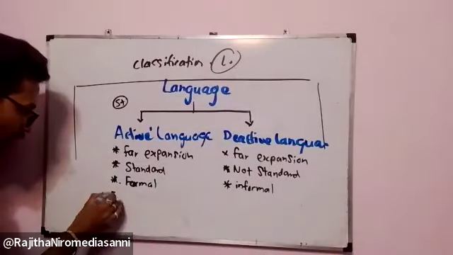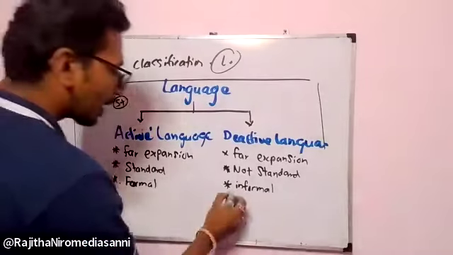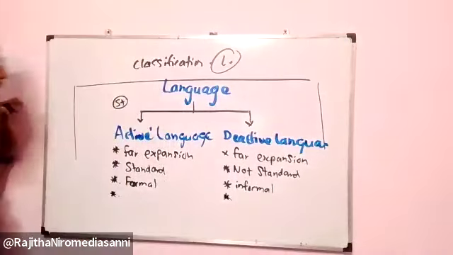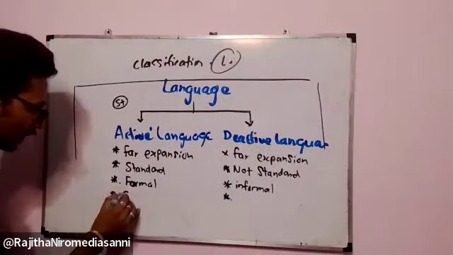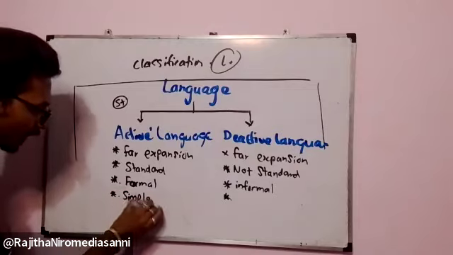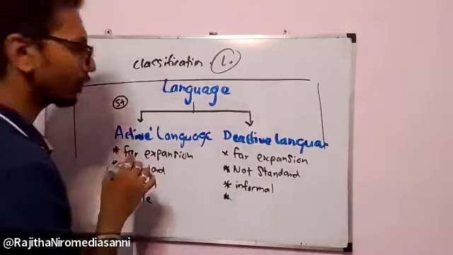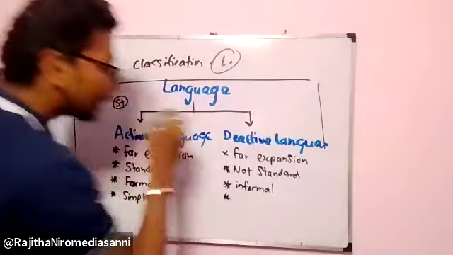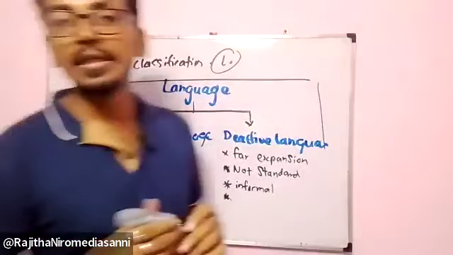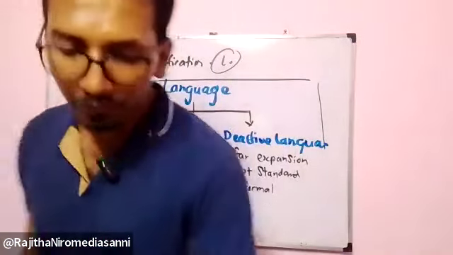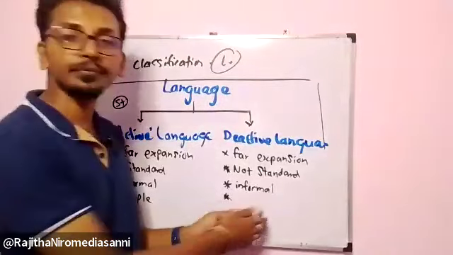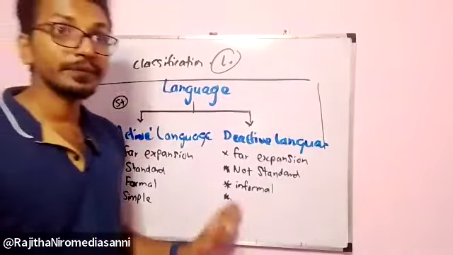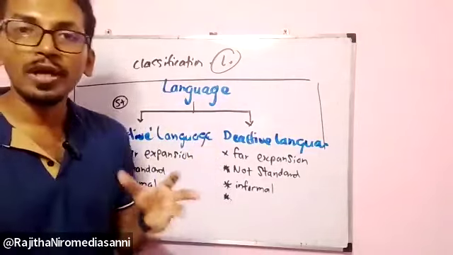Now, the fourth star for the active language and the fourth star for the deactive language. These active languages are very simple. That's why we can use them anytime, anywhere, no problem. But for the deactive language, what is the opposite of simple?